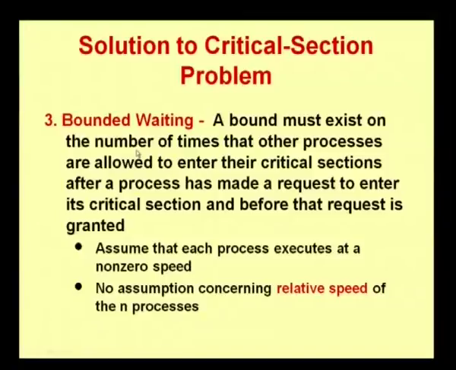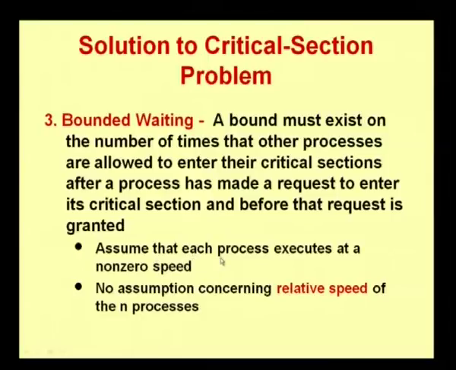The third solution is bounded wait. What is bounded wait? A bound must exist on the number of times that other processes are allowed to enter their critical section after a process has made a request to enter its critical section and before that request is granted.